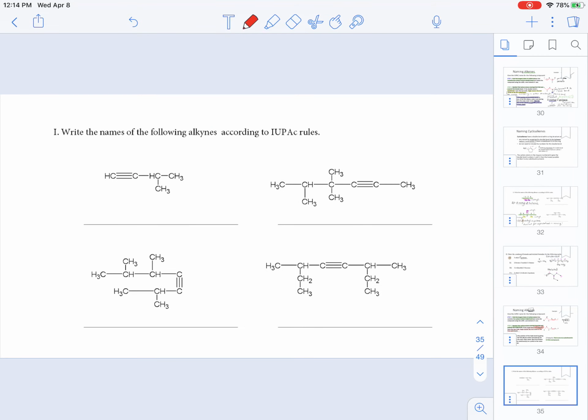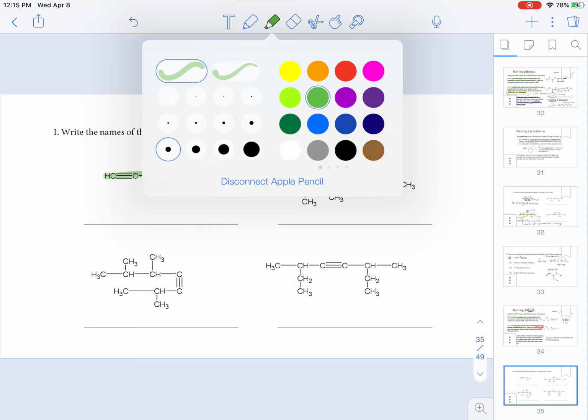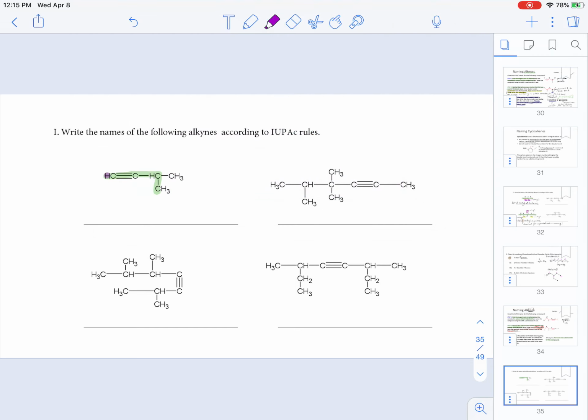Let's do some problems from our worksheet. I'm going to do the 2 problems on the top, so the first row that we have in the worksheet. So, as we have illustrated before, we're going to find the longest continuous chain. So we can go carbon 1, 2, 3, 4. Or we can go carbon 1, 2, 3, 4.